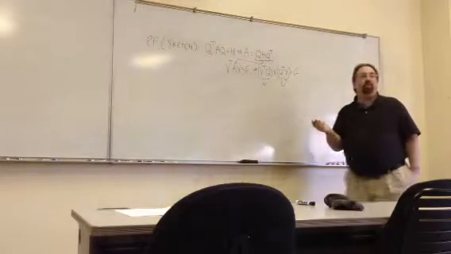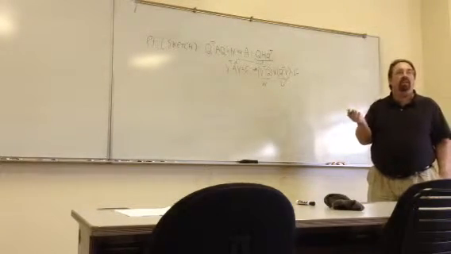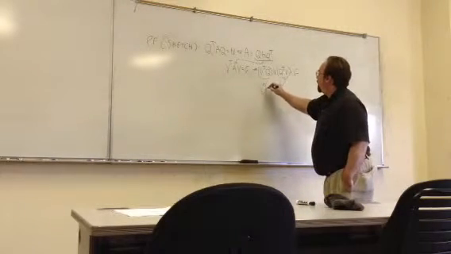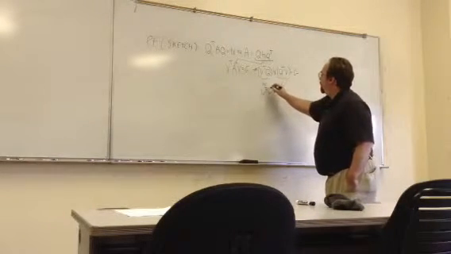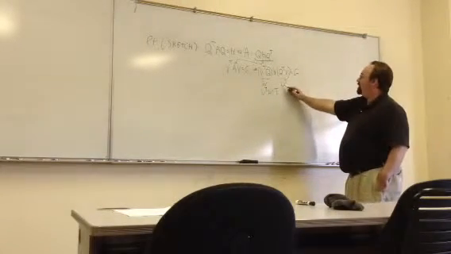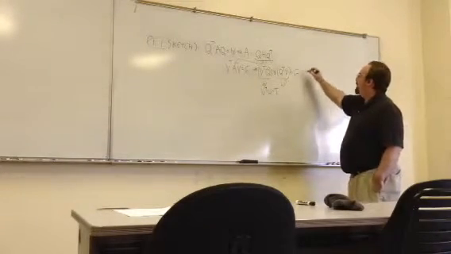V and Q are both orthogonal matrices. The product of orthogonal matrices is orthogonal. So W is orthogonal, and that means I can move this W transpose to the other side.